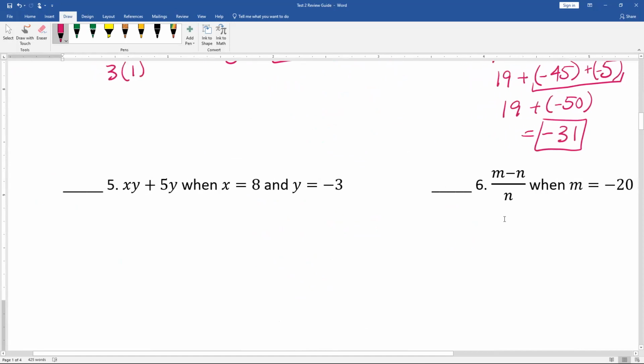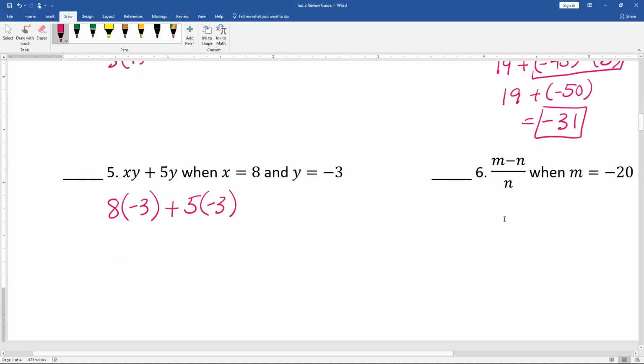All right, number 5. What does my problem look like when I plug in my values for x and y? 5 times negative 3. All right, so 8 times negative 3. 8 times negative 3 would be negative 24.